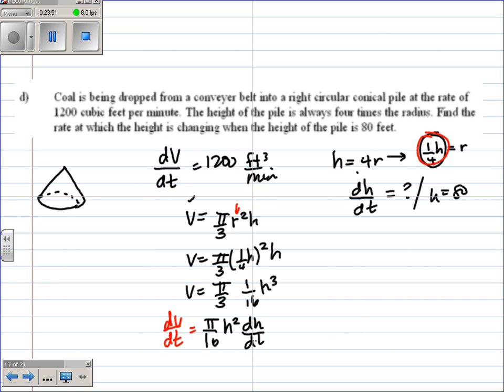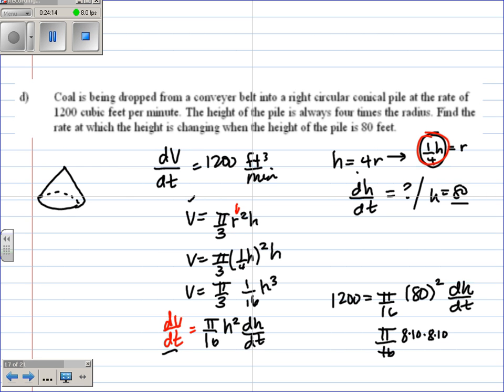So now dv dt is 1200. Plug that in. Right here, you have pi over 16, h is 80 at this moment, so 80 squared dh dt. So we have pi over 16. This would be 8 times 10 and 8 times 10.